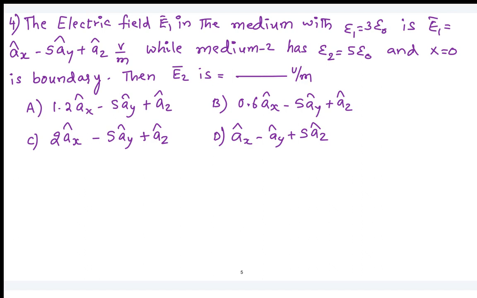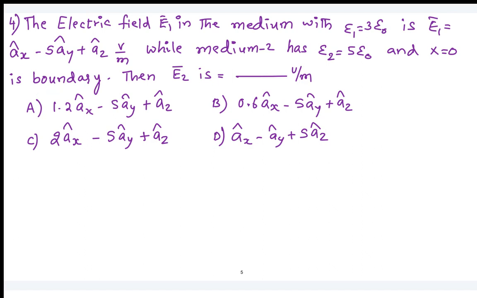See the next problem. This is the problem on boundary conditions. So the electric field intensity in medium 1 with epsilon 1 equal to 3 epsilon naught is given by this, and medium 2 is having a different permittivity, and x is equal to 0 is the boundary.